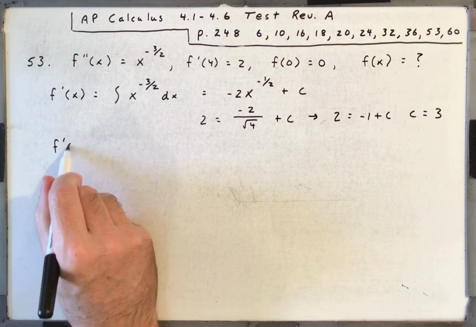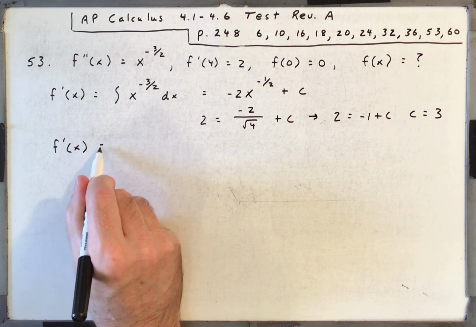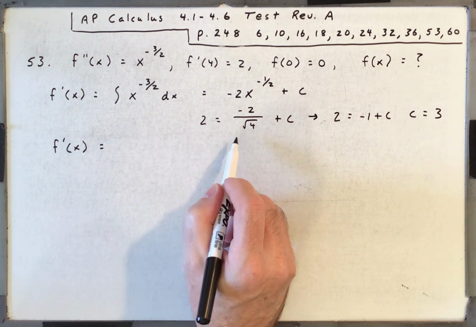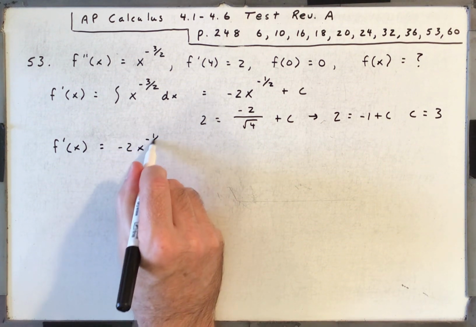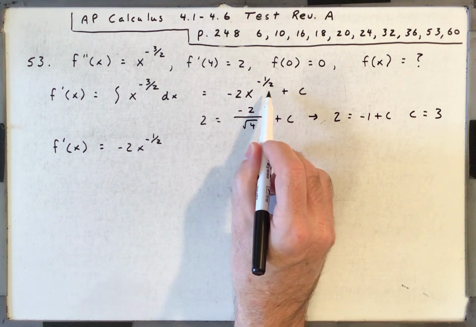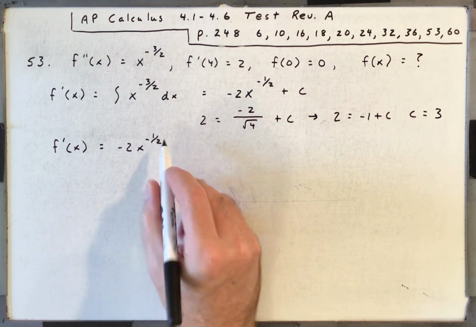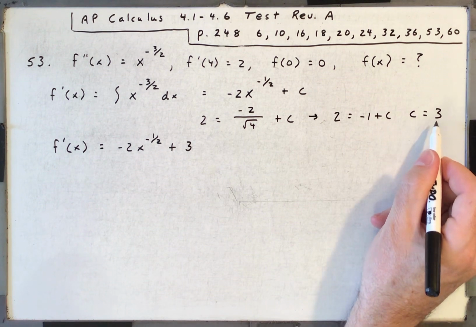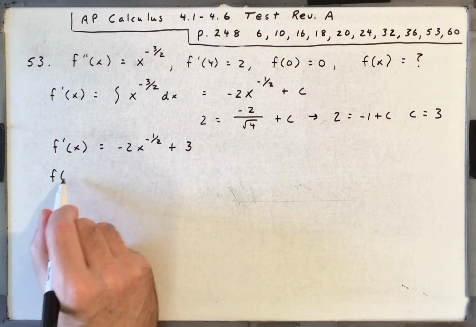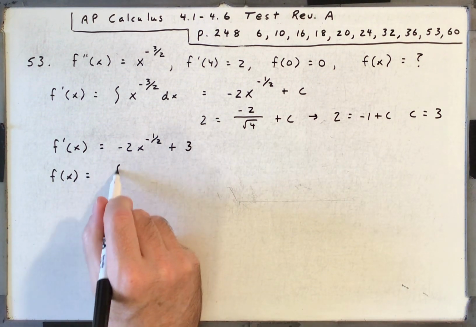F prime of x then, so going up 1 level, would be negative 2x to the minus 1/2. I'm going back to writing it with the negative exponent because I'm about to take the antiderivative of this, plus 3, our c. F of x, we would integrate that.